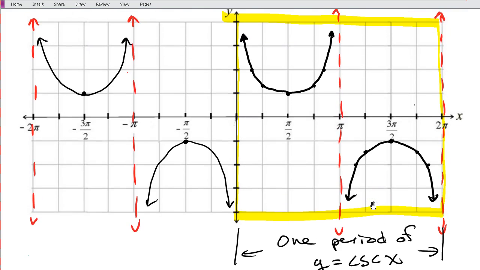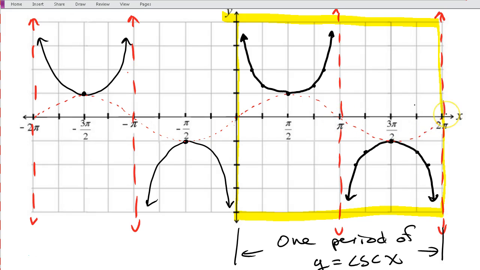Let's do one more thing before we move on. I'm going to dot in the sine curve. The sine curve is going to look something like this. When we're graphing these in general, we are going to dot in our sine or our cosine curve, and it's important that you make it dotted or dashed because it's not actually part of the curve.